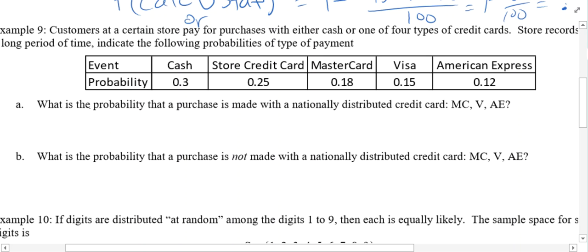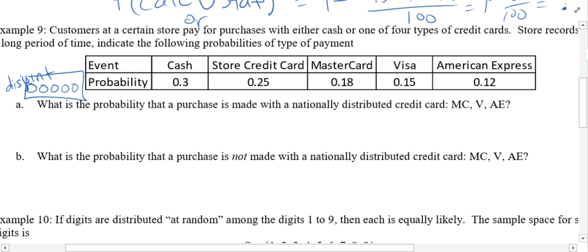So if they only pay with one card, these events are disjoint. They're only paying with cash. They're only paying with the store credit card. They're only paying with MasterCard. This is an example where these are disjoint. If you drew a Venn diagram, they would just be separate circles. The probability that they pay this way, this way, this way, or this way.